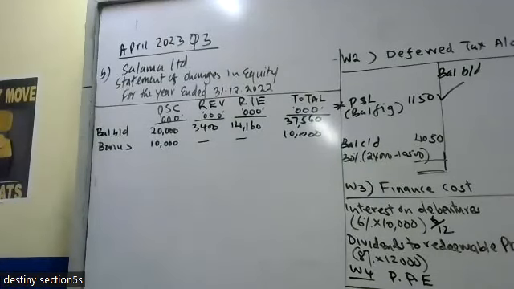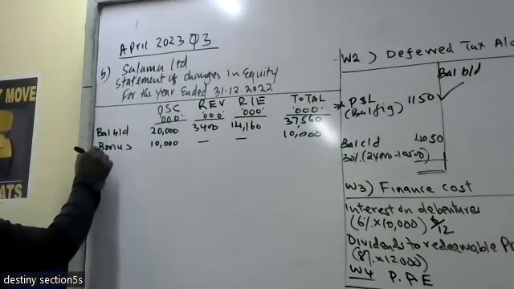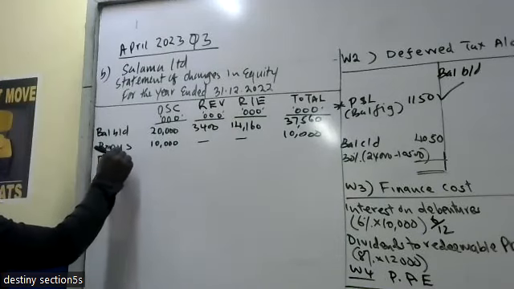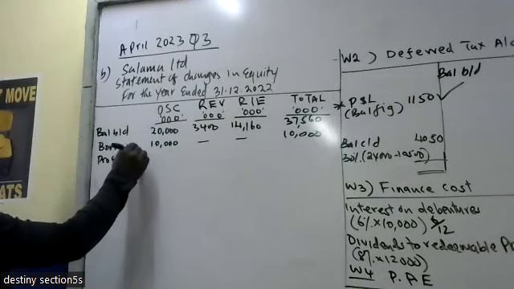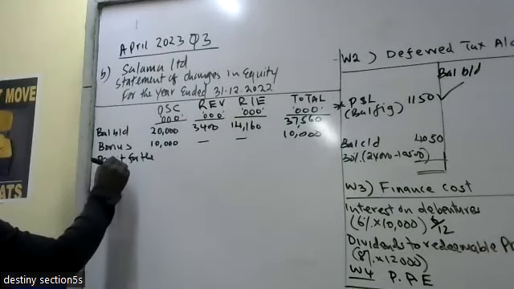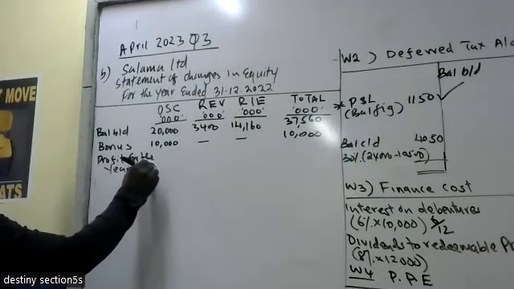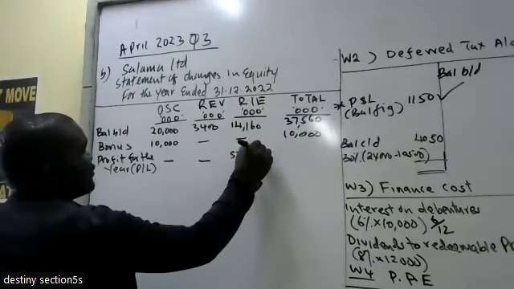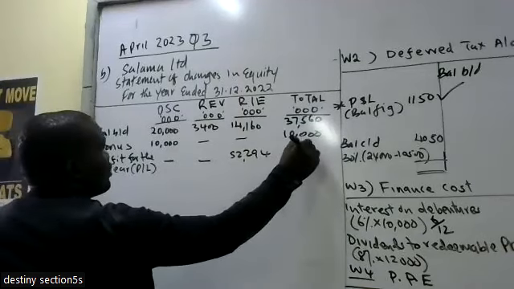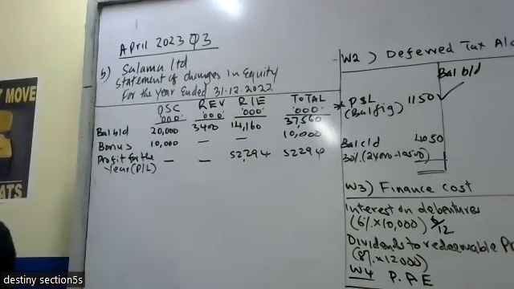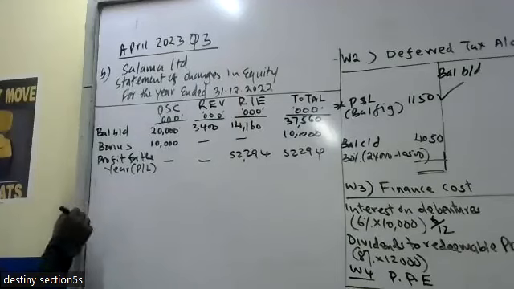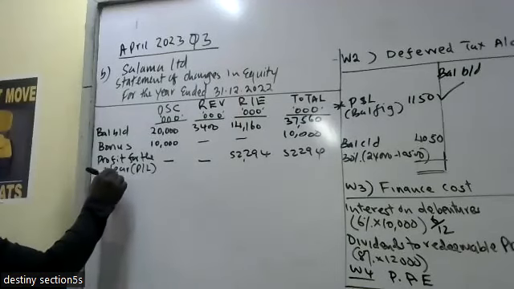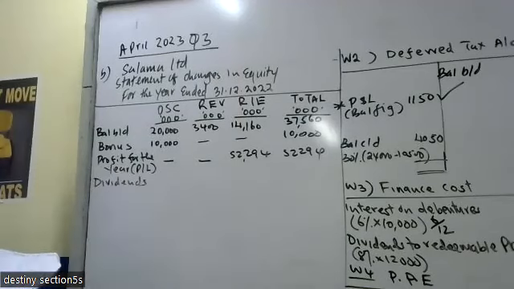Then there was no revaluation. Profit for the year. Check P&L. P&L, we have gotten a profit of 52,294. Then there was dividends.